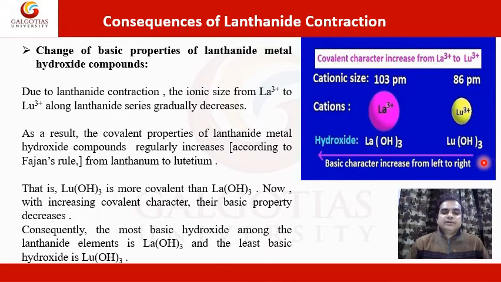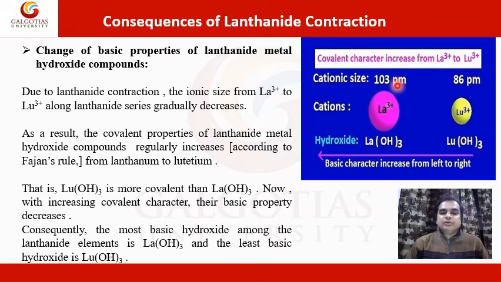As a result, the covalent property of lanthanide metal hydroxide compounds regularly increases according to Fajan's rule from lanthanum to lutetium. Moving from left to right, we can see that lutetium hydroxide is more covalent than lanthanum hydroxide.